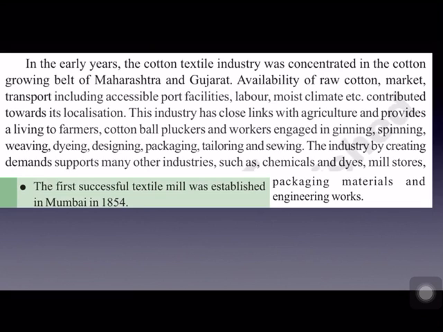So availability of raw cotton, markets within the country and outside, transport facilities, port facilities and labor are available, and the moist climate is also suitable for growing cotton. Because of this, the industry could be concentrated in these two states, Maharashtra and Gujarat.